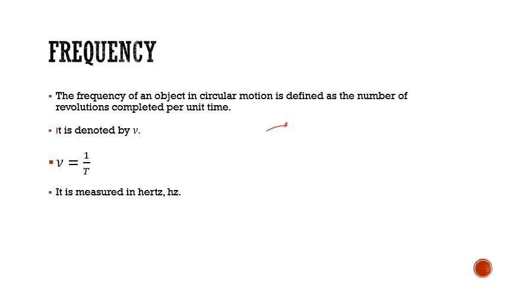Let us say it takes 5 seconds to complete one revolution. So what will be its period of revolution, or time period? 5 seconds.